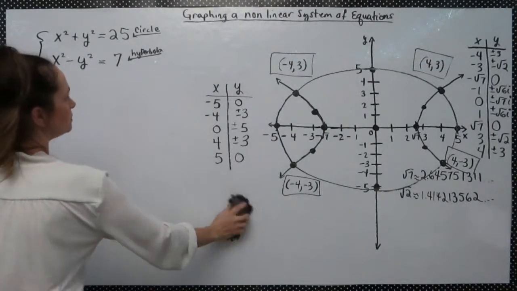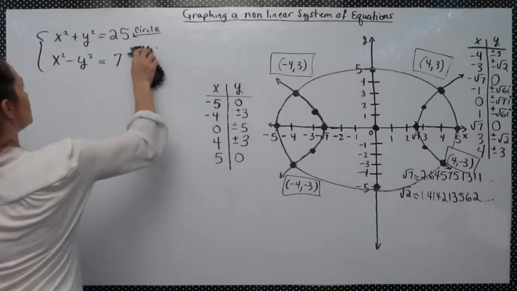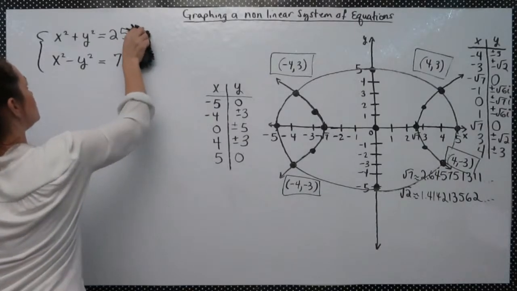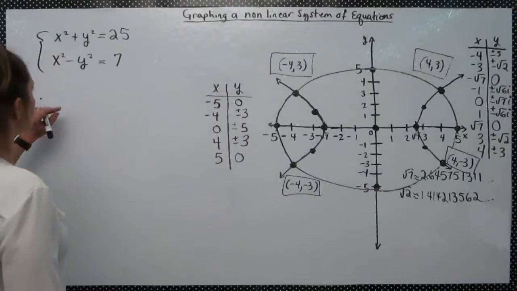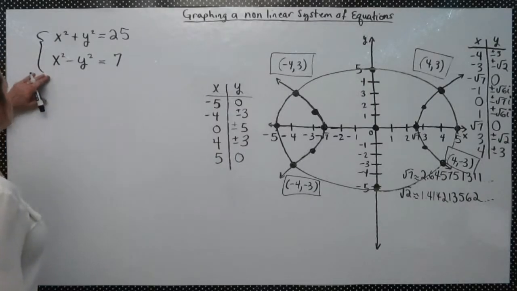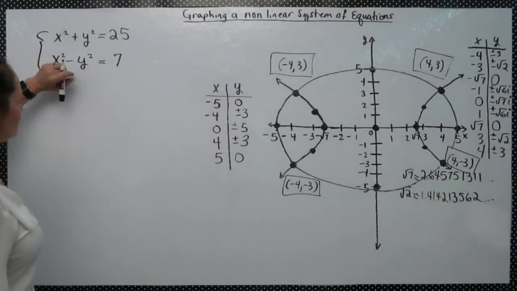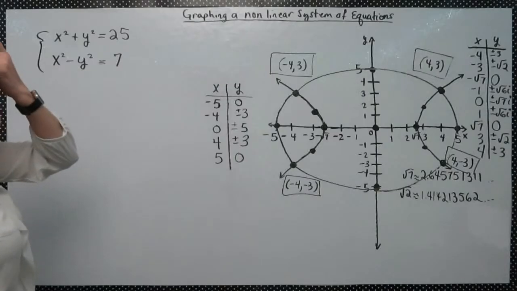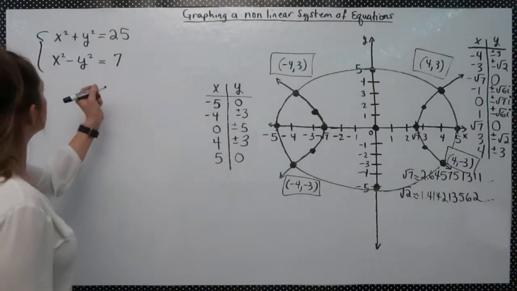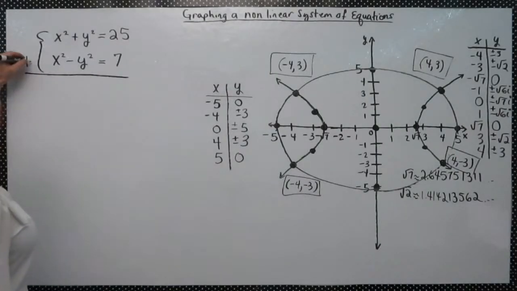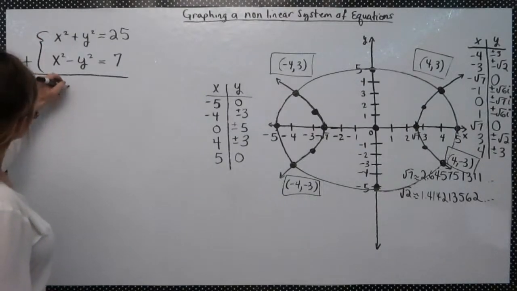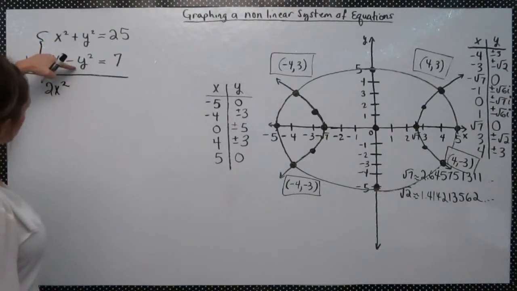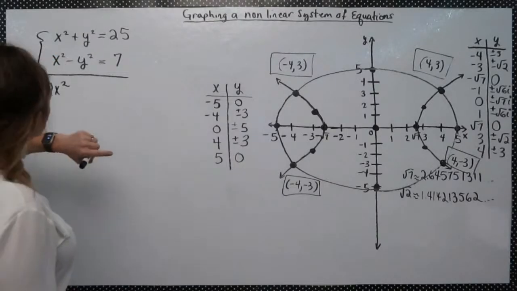Okay, so we'll leave that graph up there. We go back to our equation, and we're going to remember our methods. So what we're going to do is eliminate y here by adding these two equations together. So if I add these equations together, x squared plus x squared is 2x squared, plus y squared and minus y squared goes to 0.